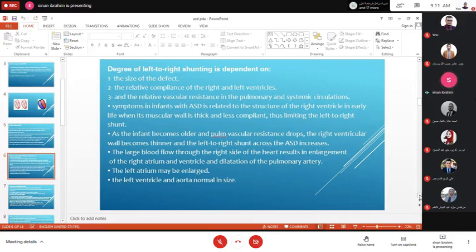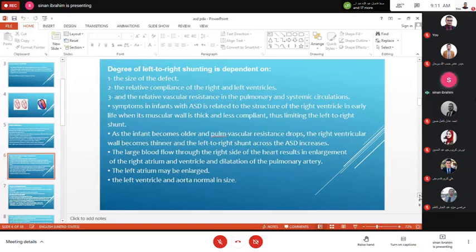As the infant becomes older and the pulmonary vascular resistance drops, the right ventricular wall usually becomes thinner and the left to right shunt across the ASD will increase. This blood flow through the right side of the heart results in enlargement of the right atrium and ventricle and dilatation of the pulmonary artery.